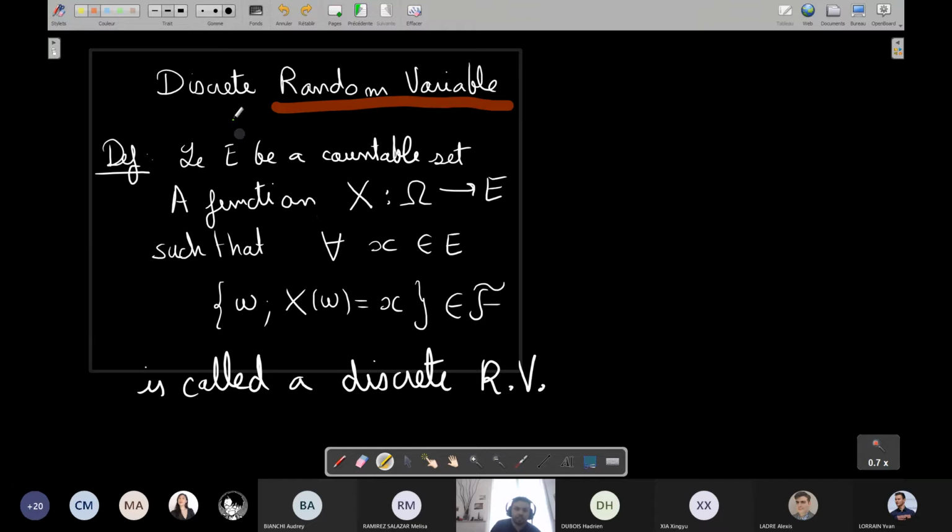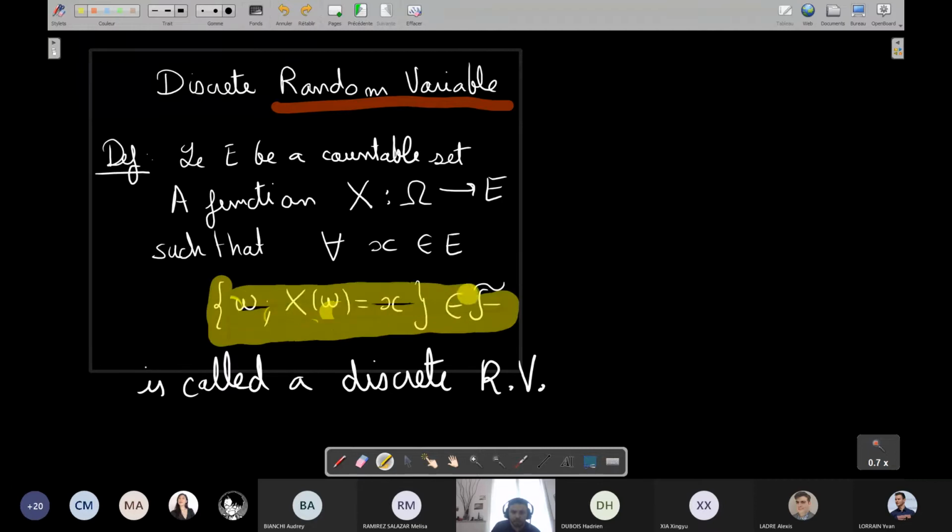The important information here is this one. And I want to be sure that you all understand what it means, this yellow part. It's the set of elementary events that makes capital X take the value little x.